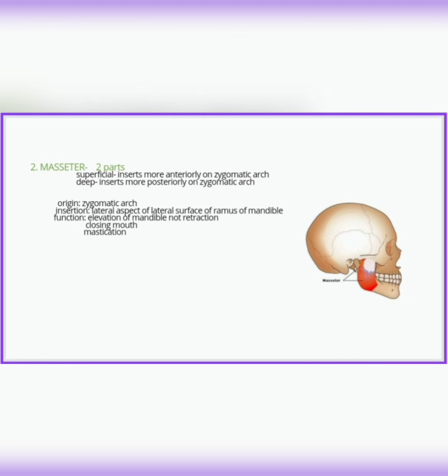It is inserted into the lateral surface of the ramus of the mandible. The main function of the masseter muscle is to elevate the mandible. It does not retract the mandible. Only elevation is its function. It is also helpful for closing the mouth and mastication.